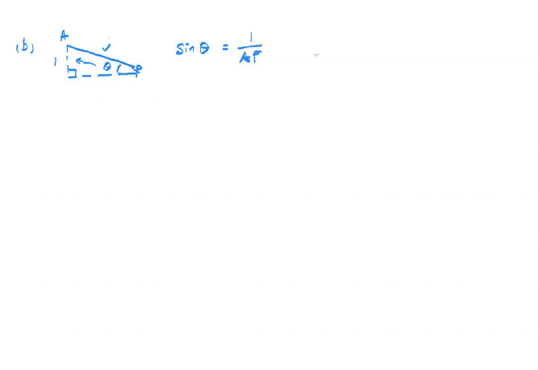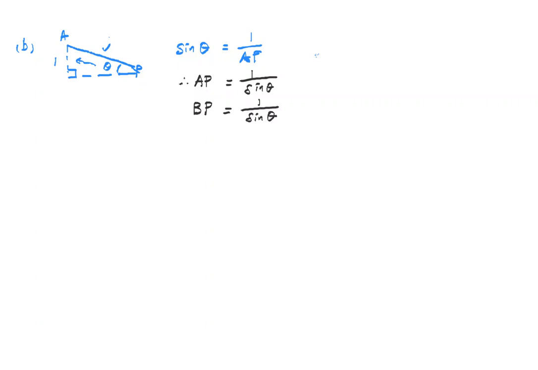Correct? Therefore, your AP will be equal to 1 over sin theta. Got it? So AP is equal to BP. So BP also is 1 over sin theta.